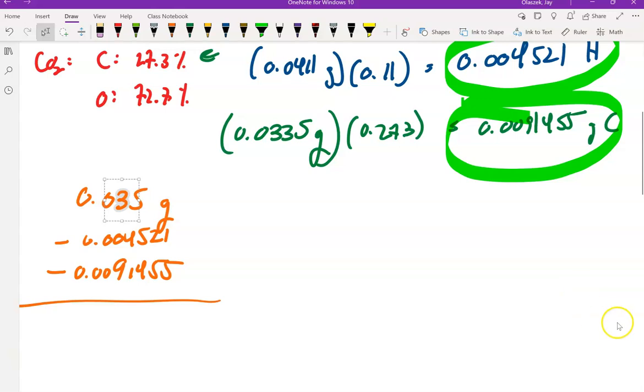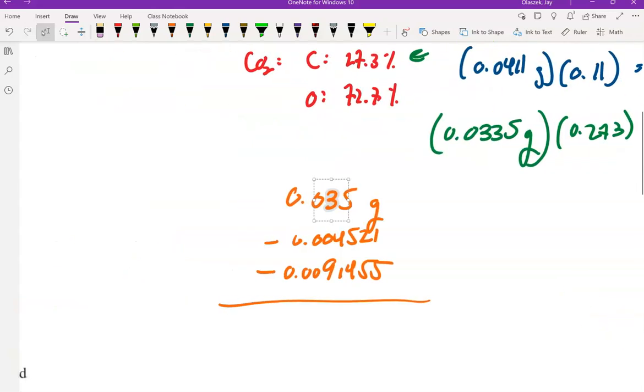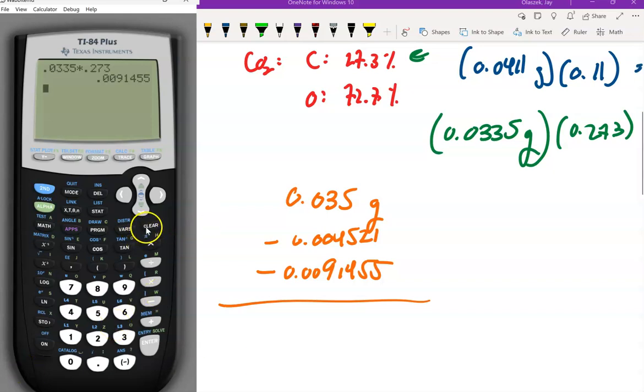So let's do it on the calculator. 0.035 grams minus 0.004521 minus 0.00911455.